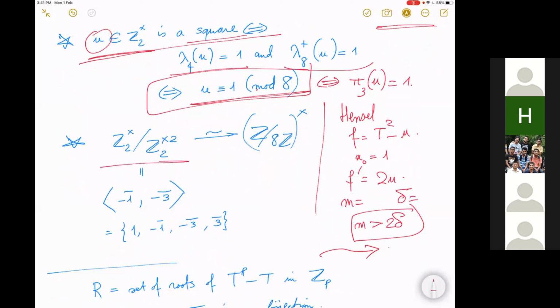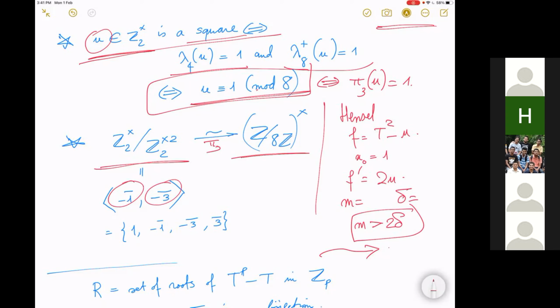Okay. So what that means is that Z2 star modulo squares is really the same as Z modulo 8Z star. And the natural map induced by pi 3 is the isomorphism between these two groups. And this group is generated by just these two elements, the image of -1 and the image of -3.